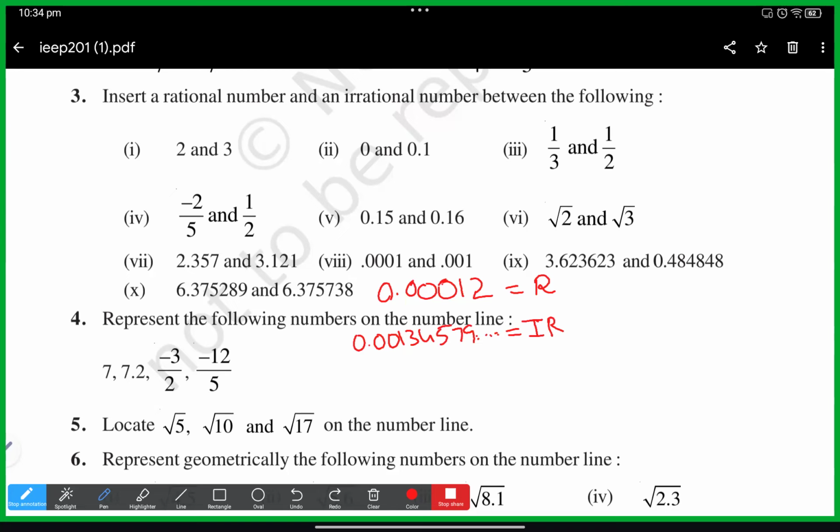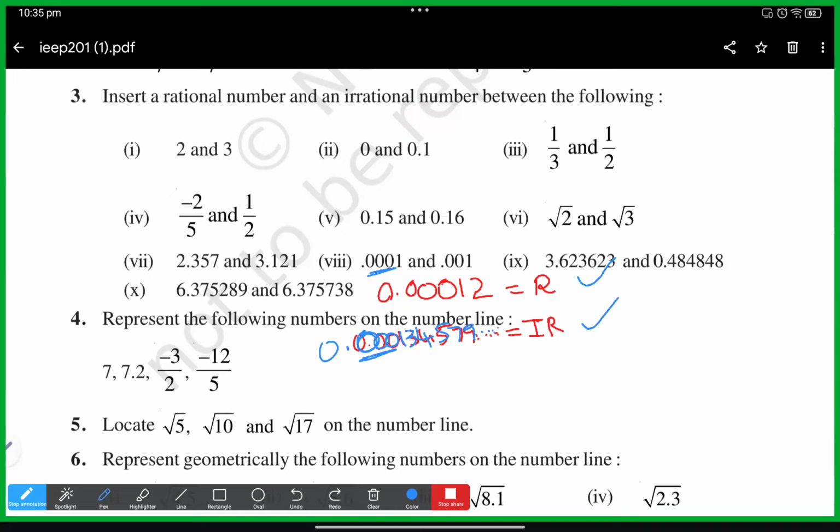Here we should write these 3 zeros, because these 3 zeros should be repeated: 0.0001 345798 and so on, like this.